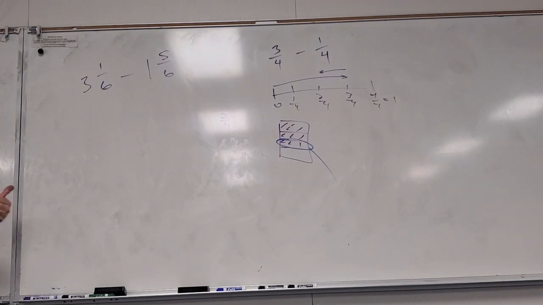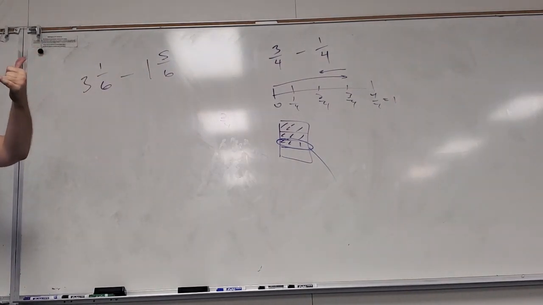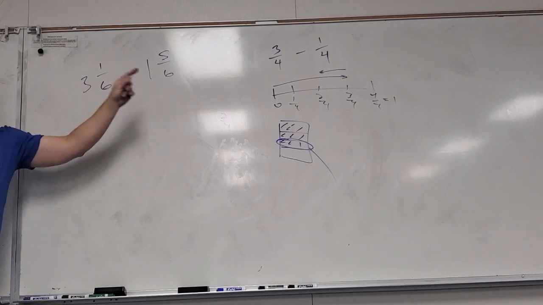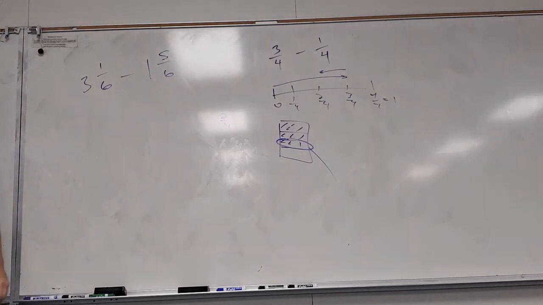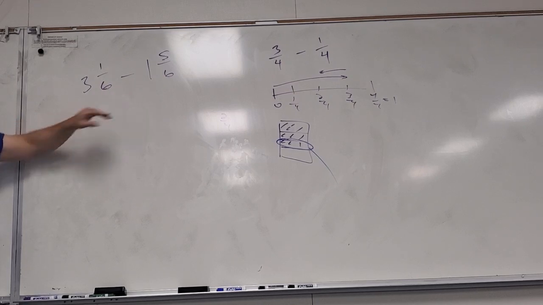Do you guys see the inherent issue with that problem? It's sort of like I have to do something related to borrowing because the thing in my ones place, not really my sixths place, the top is smaller than the bottom. I can't subtract, right? So what would it look like with manipulatives to do this? You can start to imagine what that would look like, right?